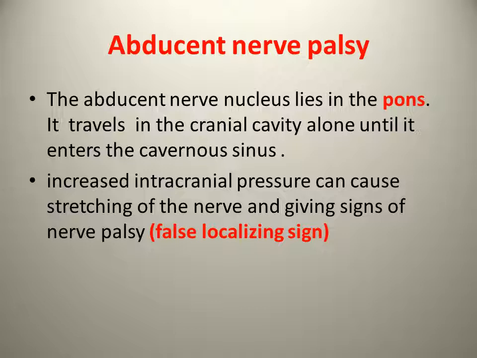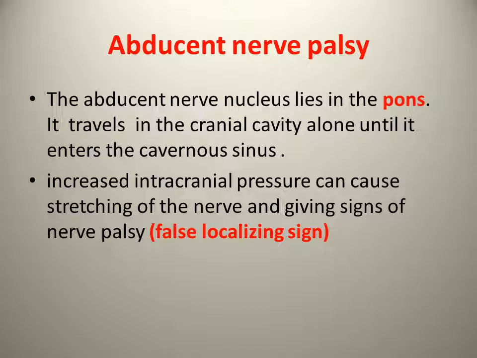The lesion could be elsewhere, but this lesion might cause increased intracranial pressure, and this will cause some pushing on the brainstem. Some suggest downward pushing, some others suggest backward pushing directly by a tumor or by the increased intracranial pressure. Both of these might cause stretching of the nerve as it passes on the tip of the petrous part of the temporal bone, and this causes paralysis of the sixth cranial nerve.